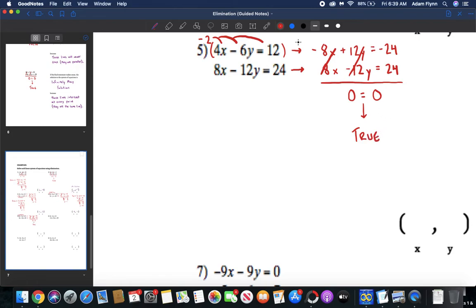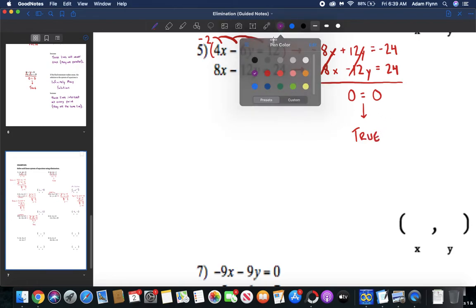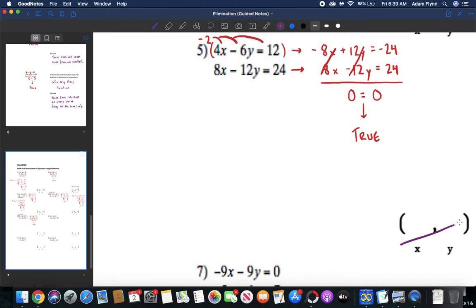And because it is true, I can cross out my coordinates here. My solution is going to be infinitely many solutions.